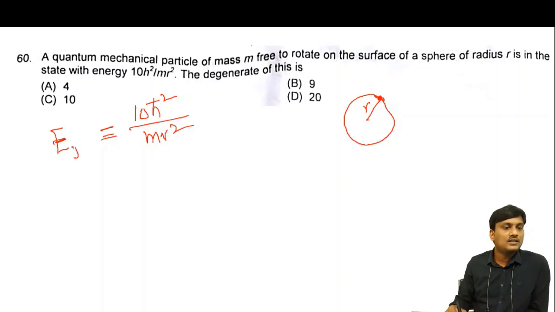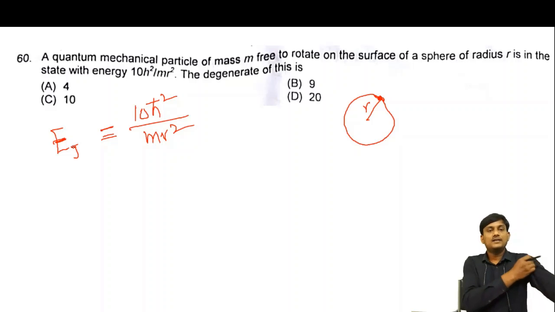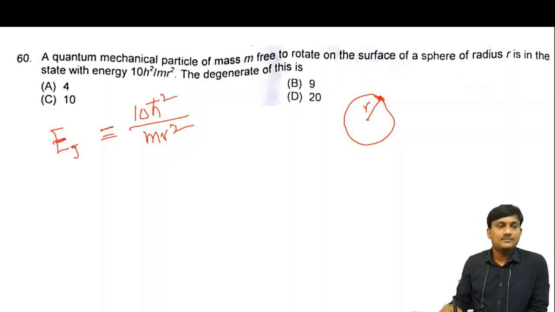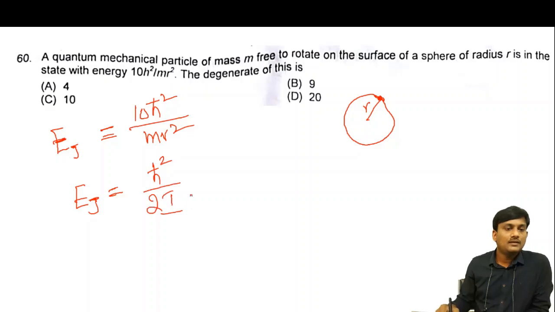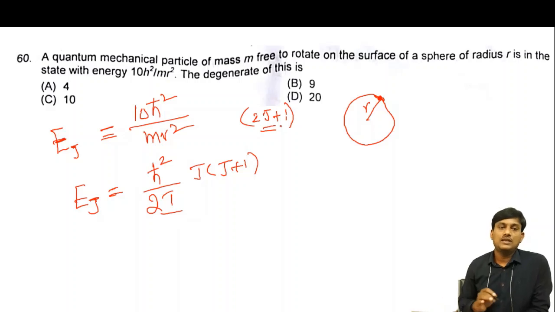If you take a particle which is rotating on the surface of a sphere, the energy is Ej equal to h cross square by 2I into j into j plus 1. J is a quantum number. The degeneracy will be 2j plus 1. These many states will exist for value j.